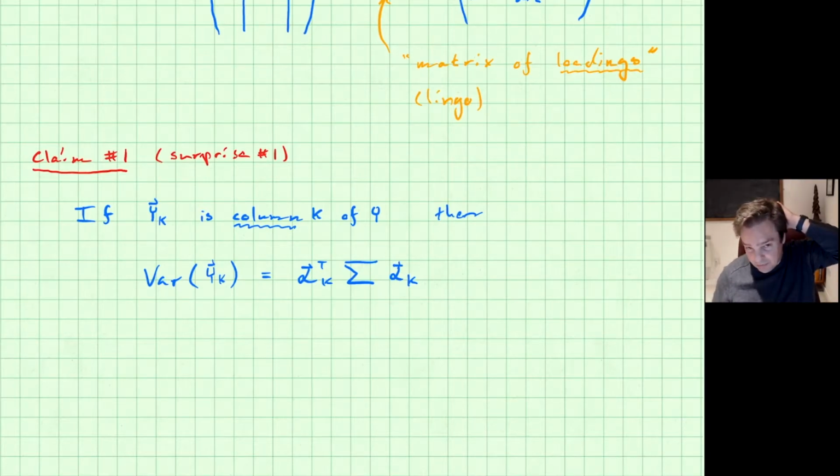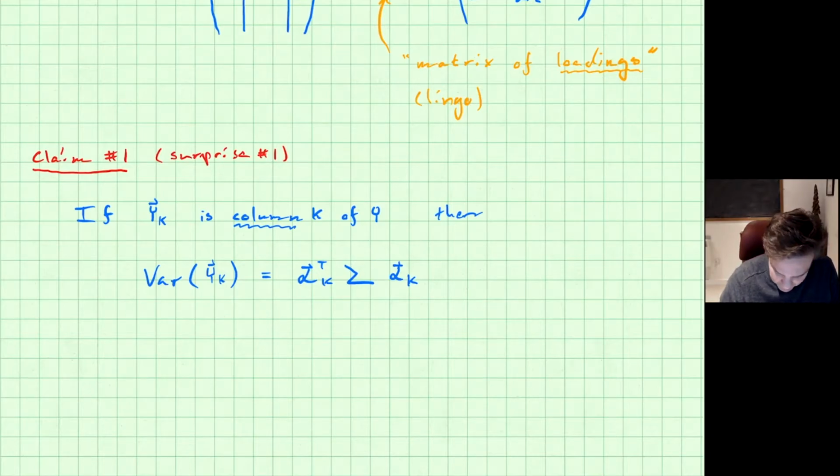Now, this is a surprise. I think I might have told you this in the last lecture, but it's a surprise that the variance of those columns of Y, the PCs, so the variance along principal component 1, is this weird multiplication: alpha 1 transpose times the covariance matrix times alpha 1.